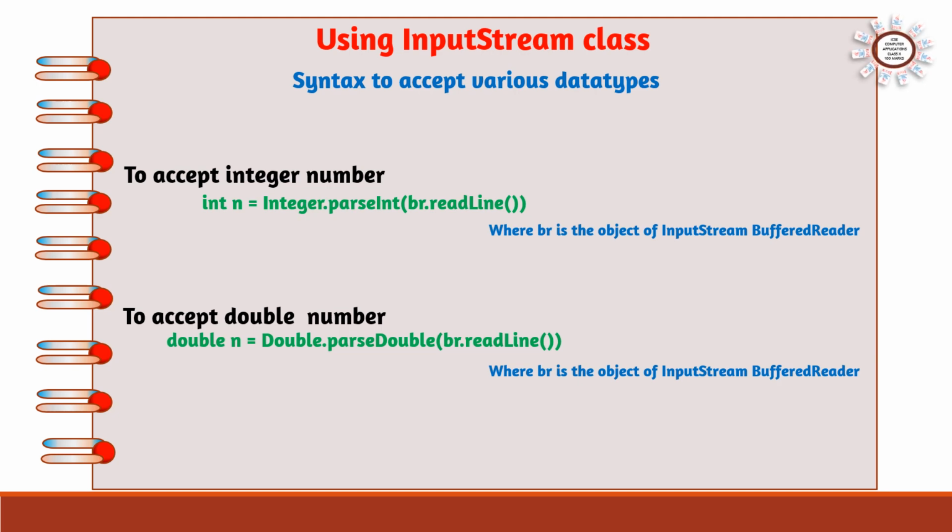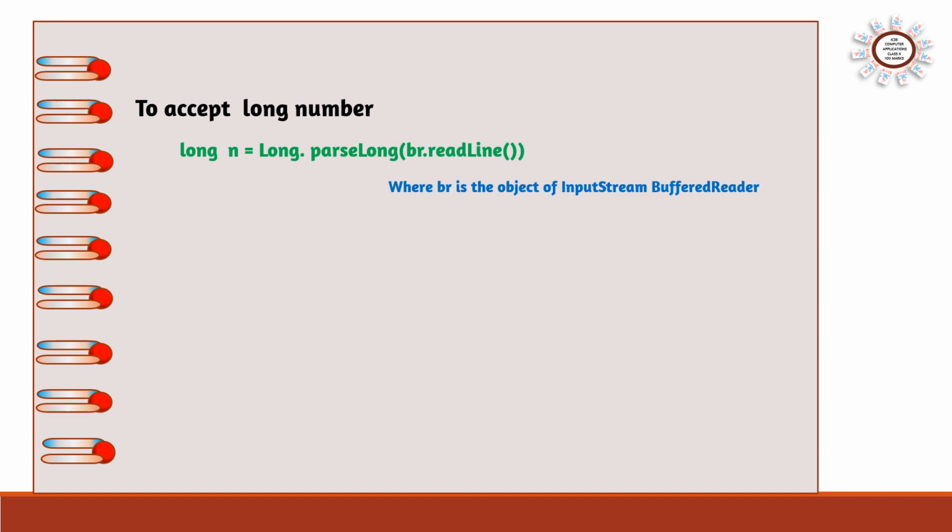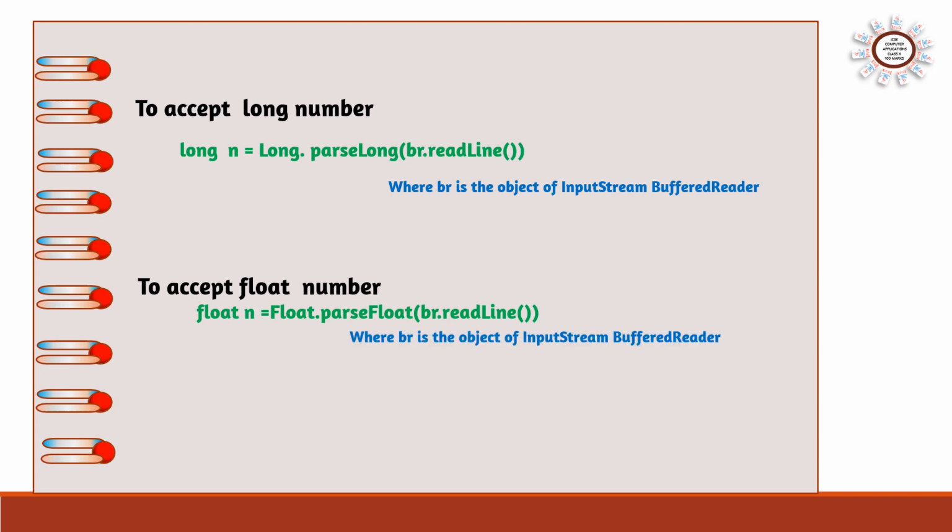And now for accepting a long number, declare the variable as Long.parseLong, L capital, BR.readLine(), where BR is the object. Float means Float.parseFloat(BR.readLine()), F capital in both. When we are accepting, that means the wrapper class we are using here.